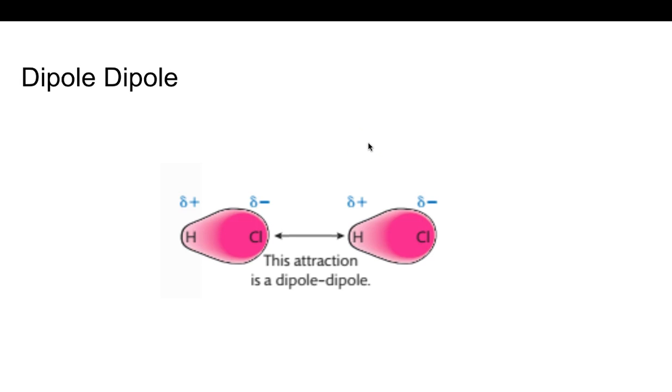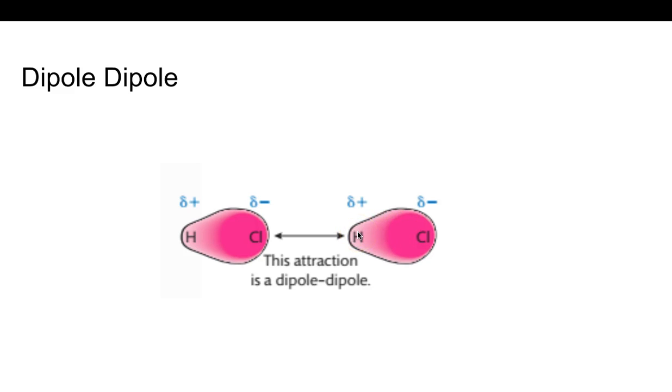The second one is a permanent dipole or a dipole-dipole force. The HCl molecule, hydrogen chlorine, is a polar molecule, meaning this part's going to be negative and this part's going to be positive because chlorine is more electronegative. It is keeping the electrons close to it. And therefore, the negative part of that chlorine is going to be attracted to the positive part of the hydrogen in another HCl molecule.